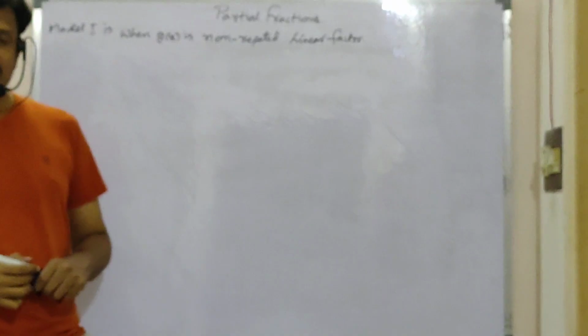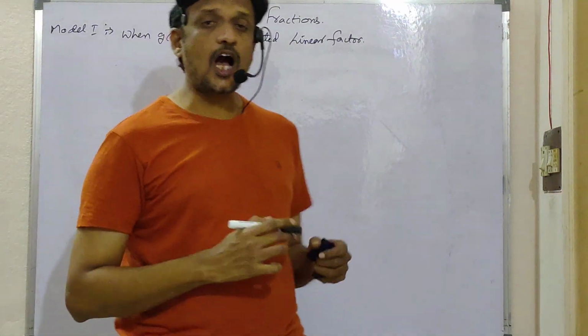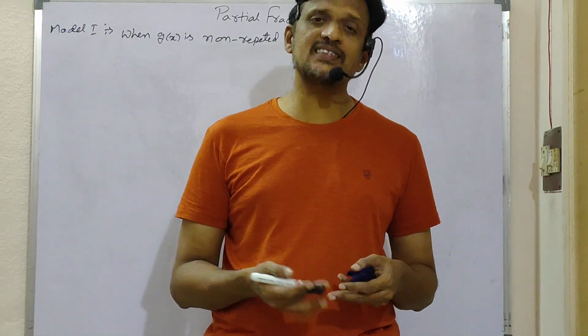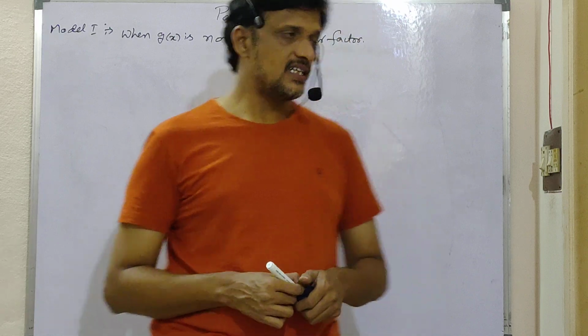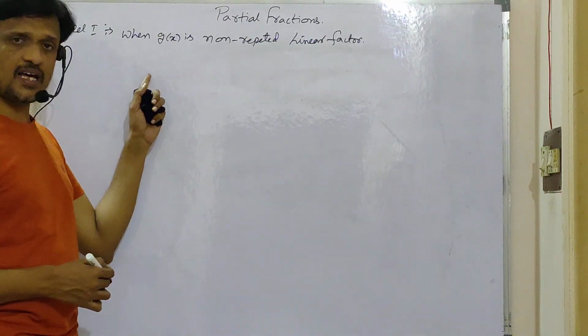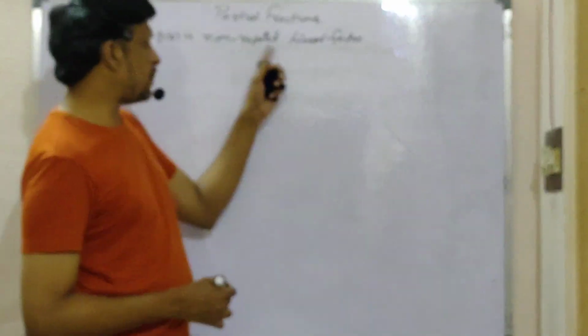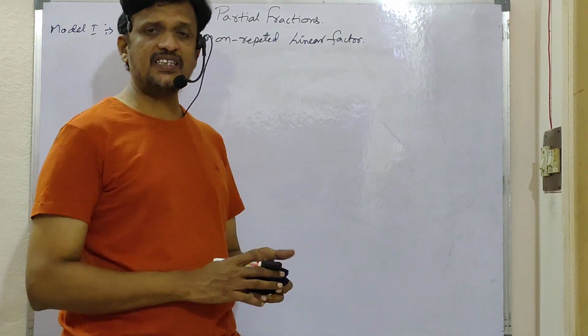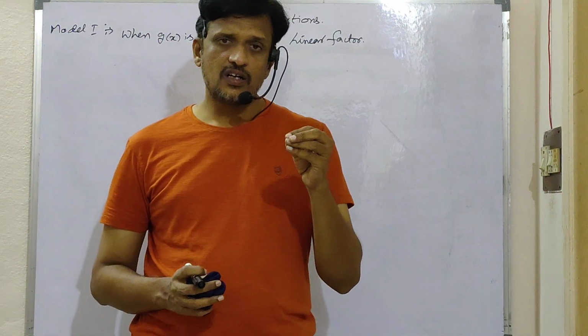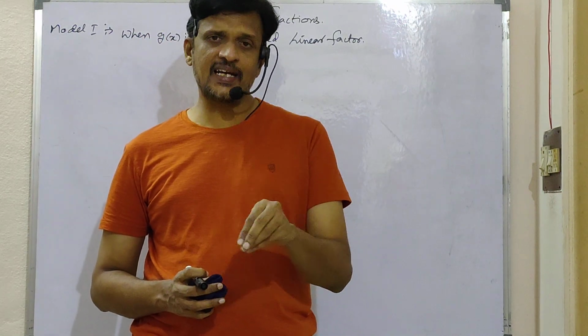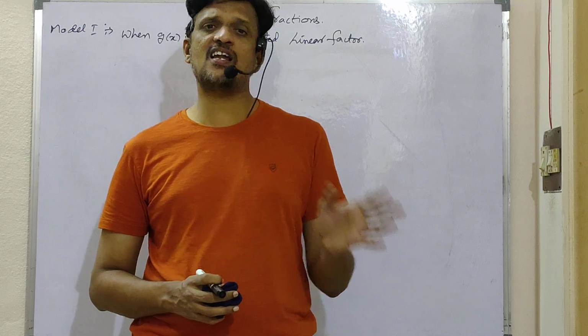When g of x is a non-repeated linear factor, how do we write the given fraction as the sum of partial fractions? Non-repeated means each factor will be there only one time, repetition is not allowed.